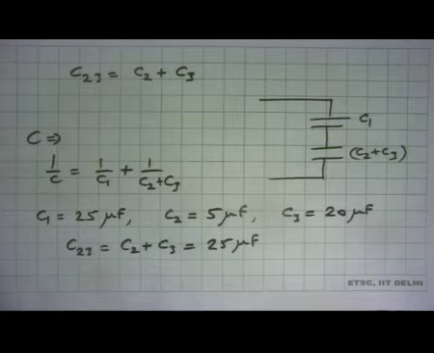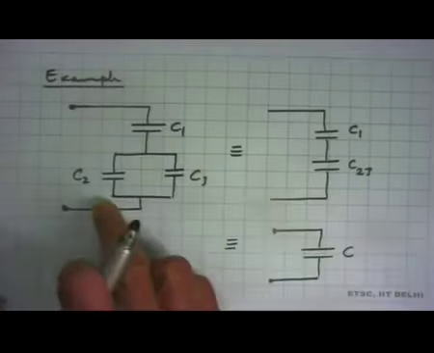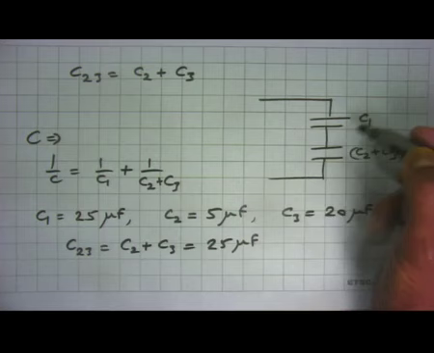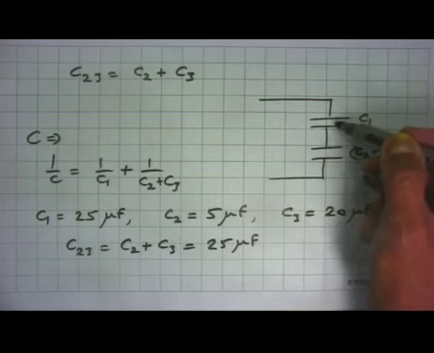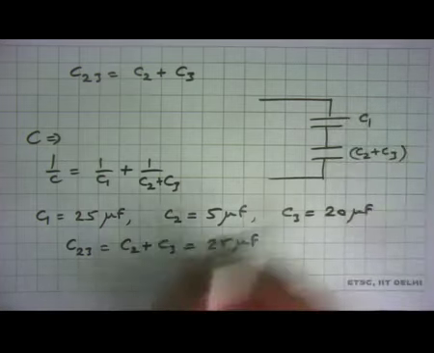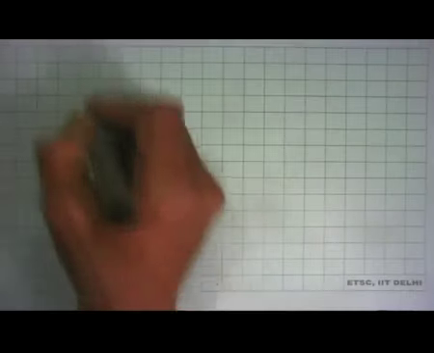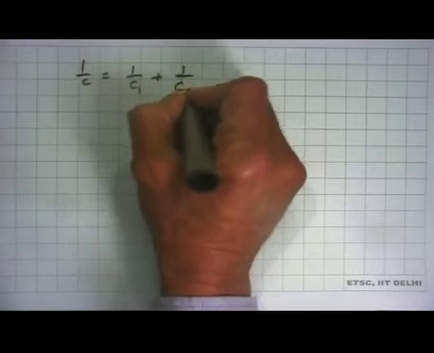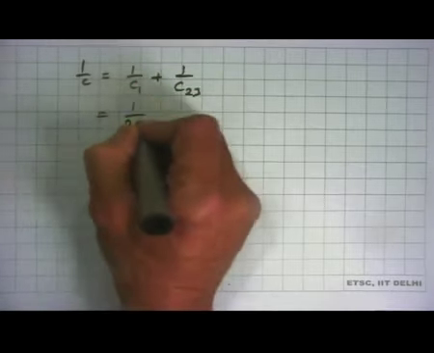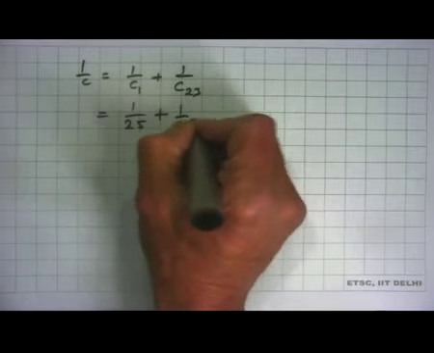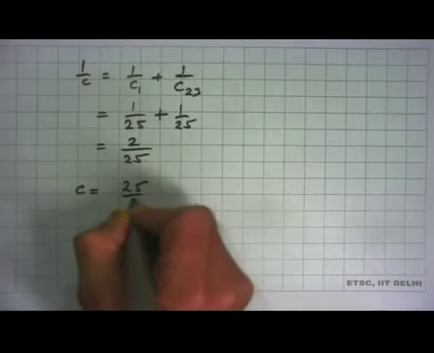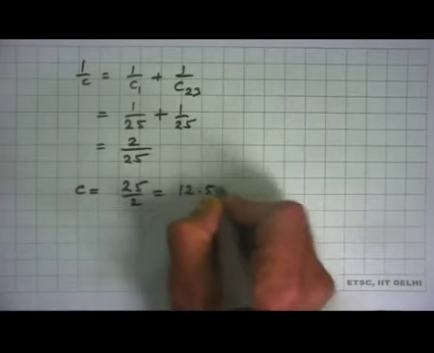Now I have a series combination of 25 microfarad and another 25 microfarad. For series, 1 by C is equal to 1 by C1 plus 1 by C23, which is 1 by 25 plus 1 by 25, equal to 2 by 25. So, C is equal to 25 by 2, which is 12.5 microfarad.